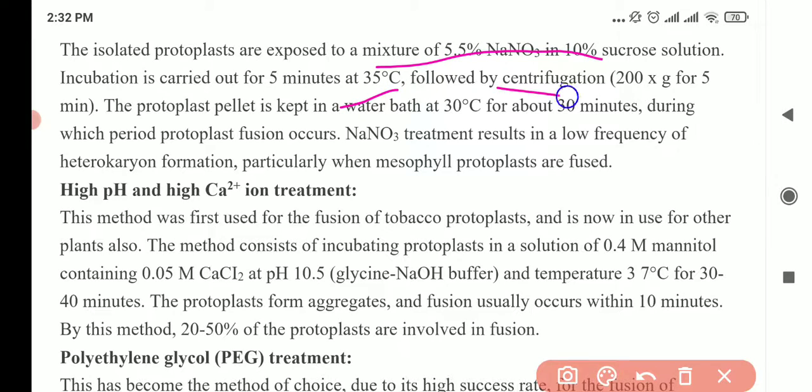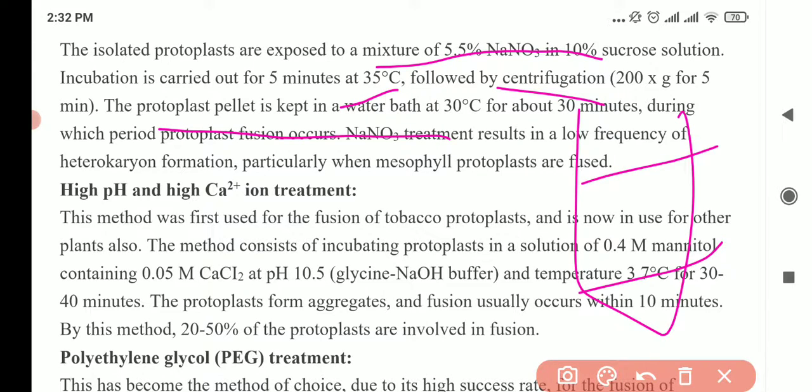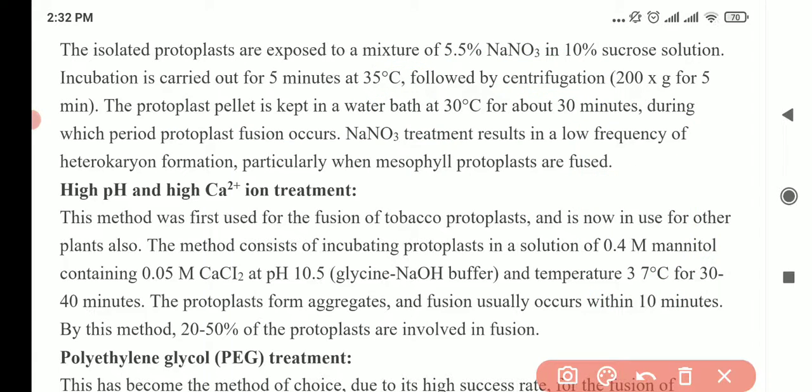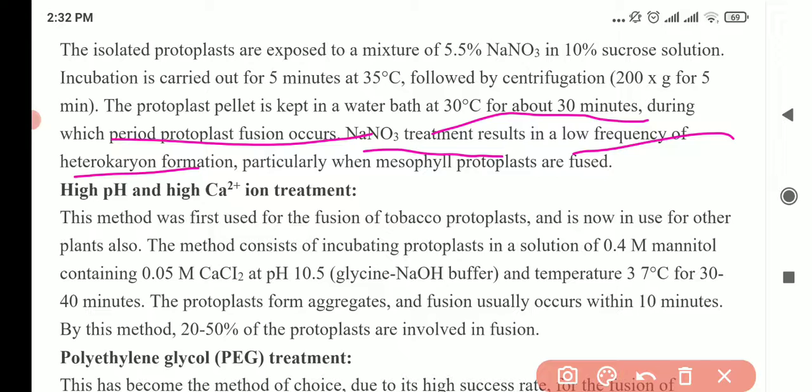Then you centrifuge. Then the pellet, remember what is pellet, supernatant? I have already explained. The pellet is kept in a water bath for that time, and then the fusion will occur.